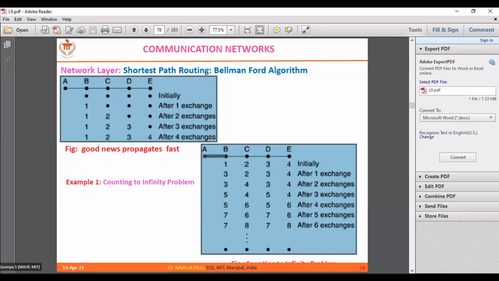So now what does B update its table as? It finds that the distance to A in C's table is 2, plus the distance from B to C in its own table, which is 1. So 2 plus 1 gives 3. It becomes 3. Correct? The rest remains as it is.